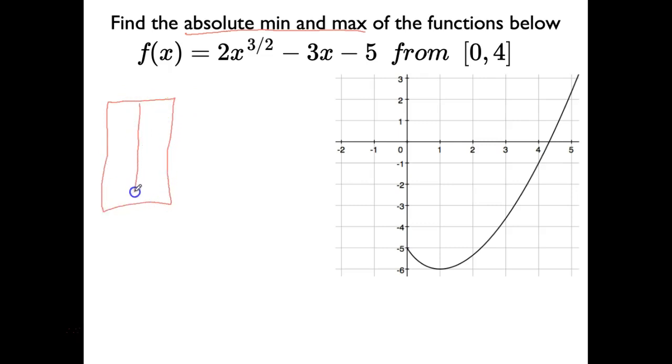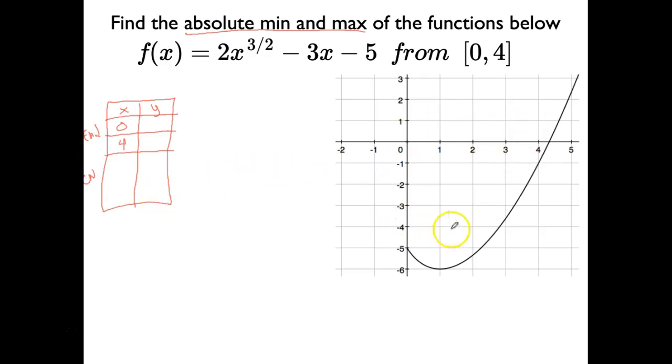On this table, I'm going to put an x and a y for my x and y values, and I'm going to already put the candidates I know. The candidates I know are 0 and 4, because those are the endpoints. This is my candidates table. I've included my endpoints already. Now remember, I also need to include my critical numbers.